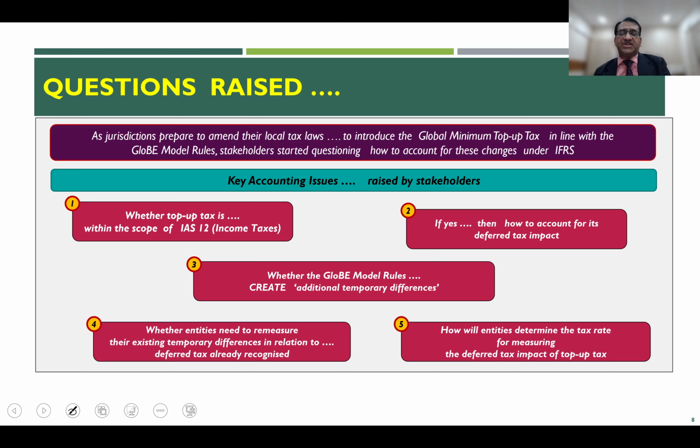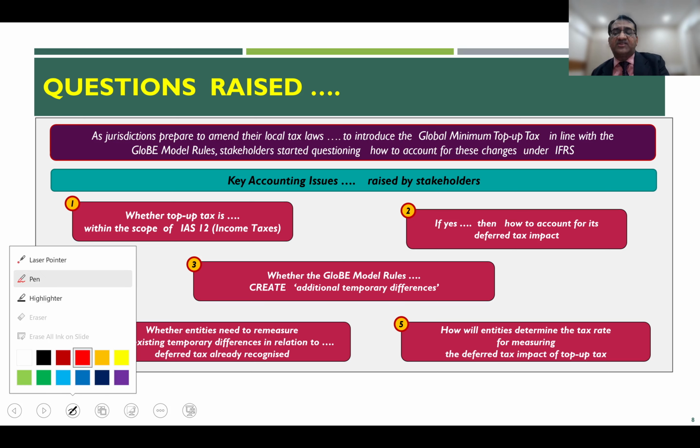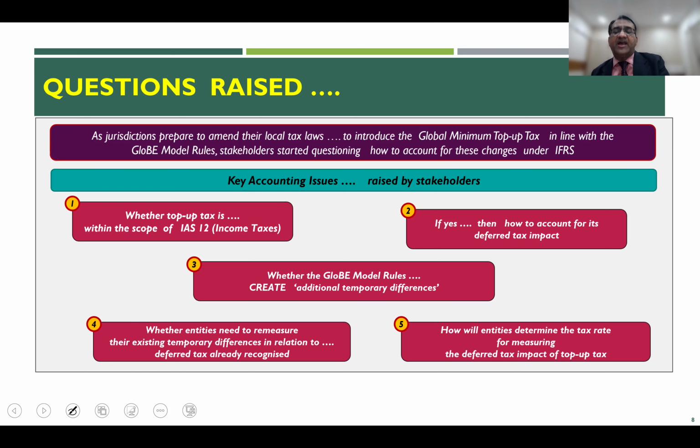Some of the key questions which started coming up from the preparers of the financial statements were like this: whether the top-up tax is within the scope of IAS 12 Income Taxes.